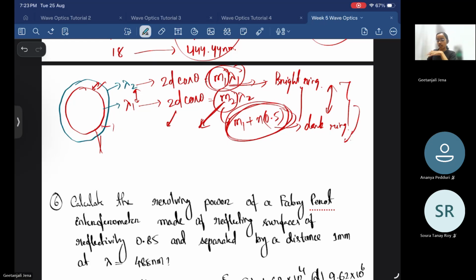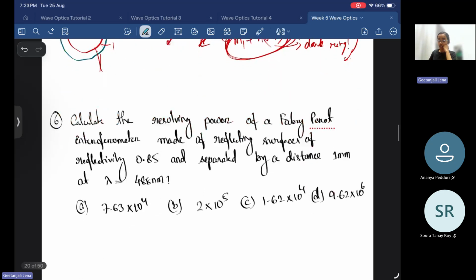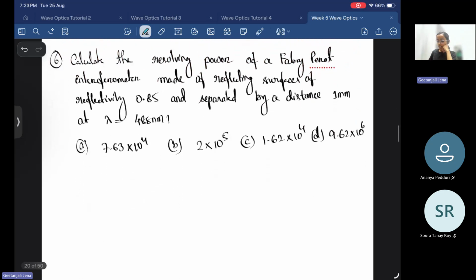Then after some point, if you again change d, you will see this interference pattern reappear. So let me know what observation you get.